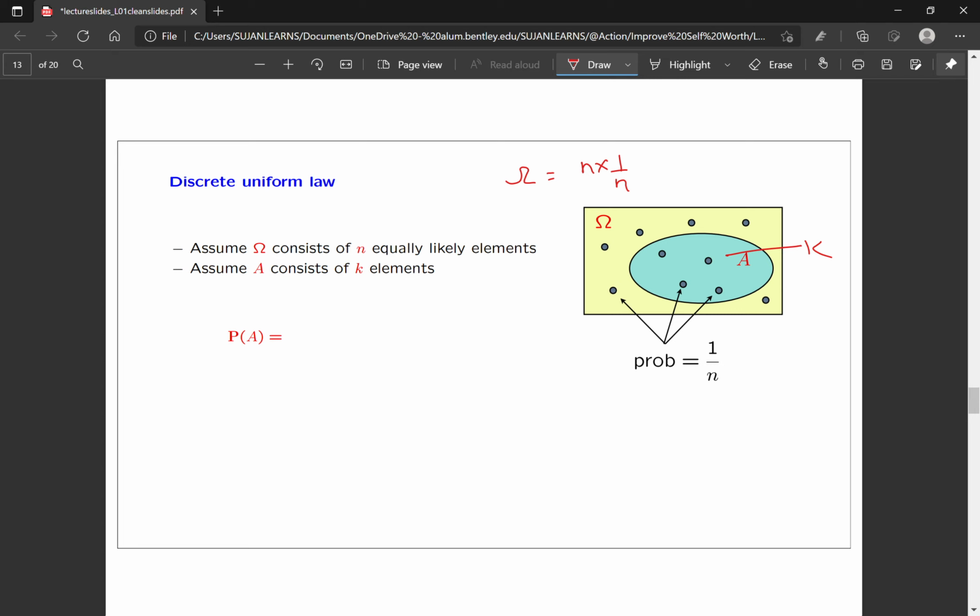Now we already know that the probability of each of these elements is 1 by n. Then we can calculate the probability of event A by multiplying k, the number of elements, by 1 by n, which will be equal to k by n.